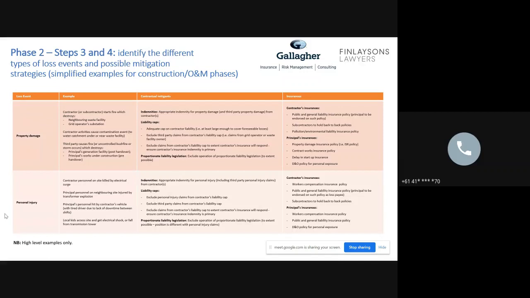I won't go through the personal injury one as well, but those scenarios, as I said before, equally apply, other than there are some limitations on the way that you can assign liability just to one party for losses or personal injury claims.